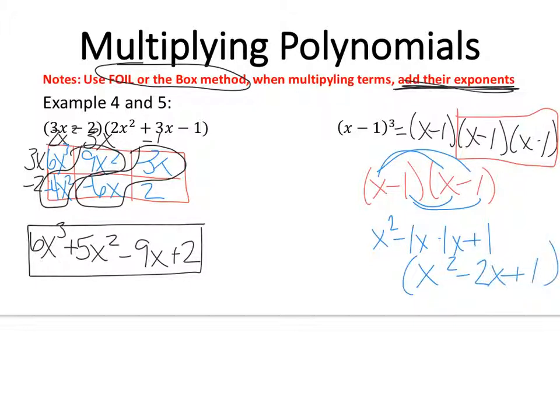And then from here, I have to remember I still have this first x minus 1 up here. So I need to bring that down because that still needs to be multiplied in. So now I have just like the first problem where I have 2 terms multiplied to 3 terms. Again, you could do box method or FOIL. I'm just going to keep with FOIL for now.